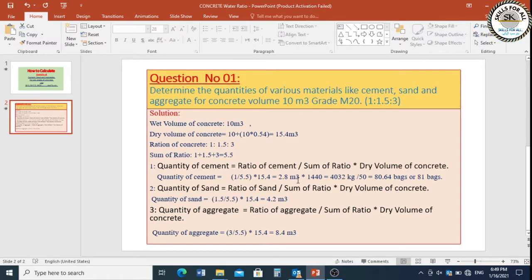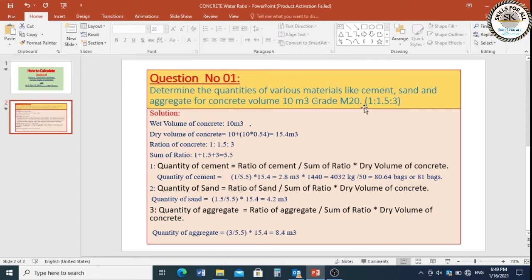Here, if you have a question on how to find grade 20 concrete, I will give you one example here only. By following this example, if you have 100 cubic meter, 10 cubic meter, 5 cubic meter, 15 cubic meter, M5, M7.5, M10, M20, M25, M30, whatsoever, you can calculate the concrete quantity.